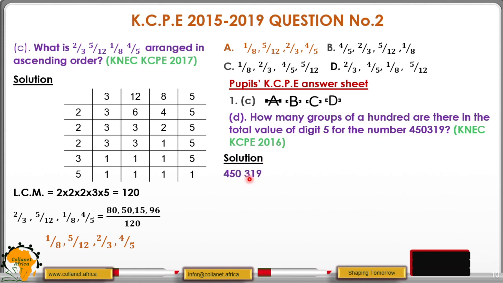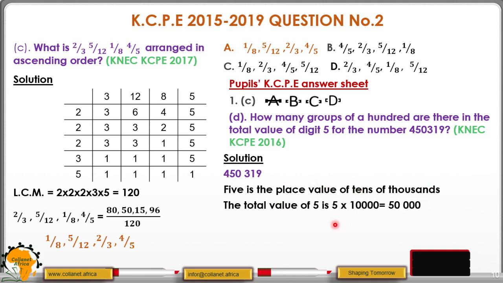So we have this number, and we need to know the place value of 5. So the place value of 5 is ones, tens, 100, 1,000 and then we have tens of thousands. So the 5 is in the tens of thousands.